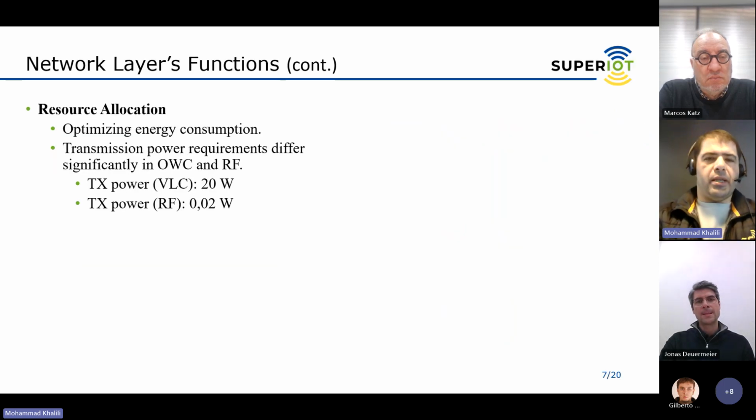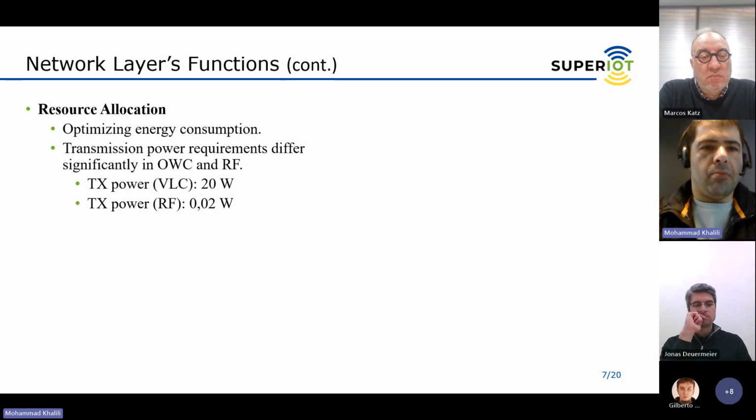Another network layer function for which we need to provide solutions is resource allocation. For example, in resource allocation, optimizing energy consumption. But we know that transmission power, which is the main element in energy consumption in wireless networks, is totally different in OWC and RF.